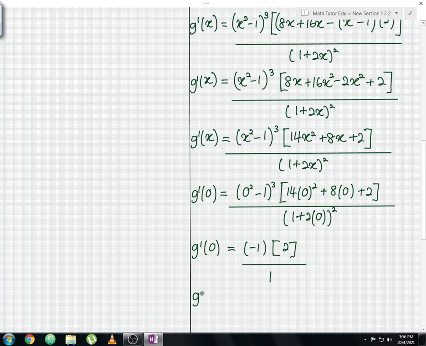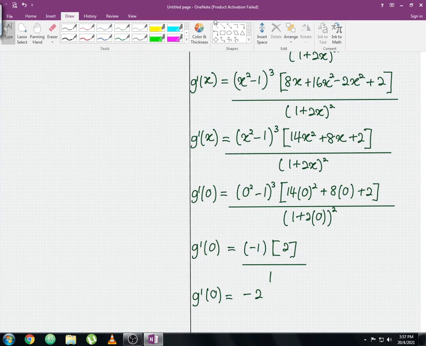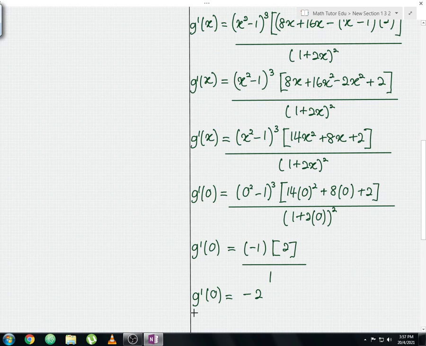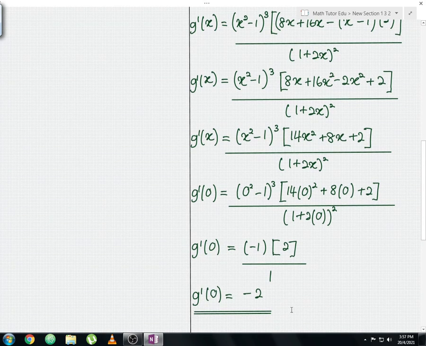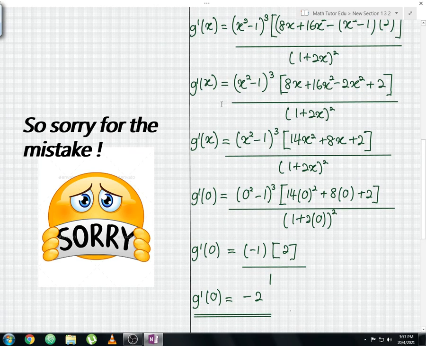So from here you should get your final answer: g prime 0 is equals to negative 2. This is your final answer. Let me underline the solution for the question part B. I know guys, I've made a mistake in the in-between calculation, but luckily I've fixed it just in time, otherwise it would be a big trouble.